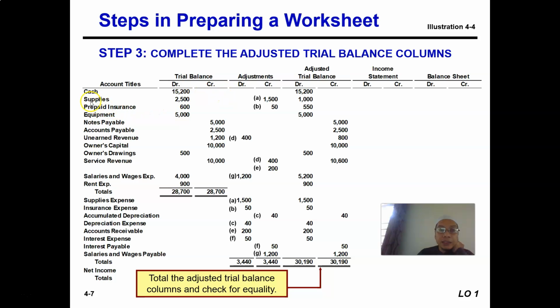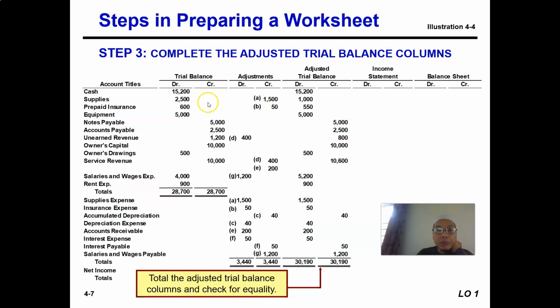For supplies, the original balance is a debit of 2,500. The adjustment needed is a credit of 1,500, so we net the two. There's a debit balance of 2,500, but there's a credit adjustment of 1,500. So the difference is 1,000, on which side?